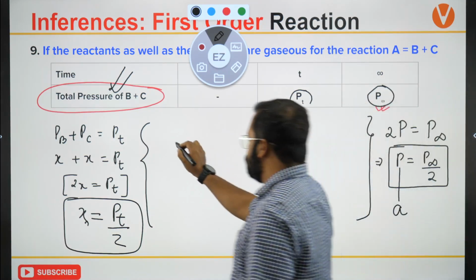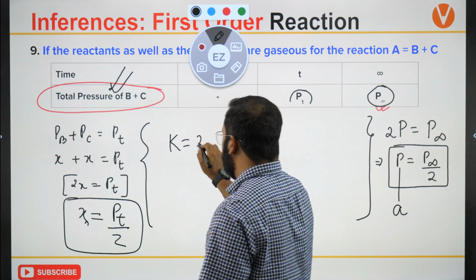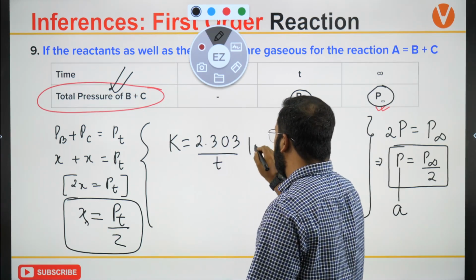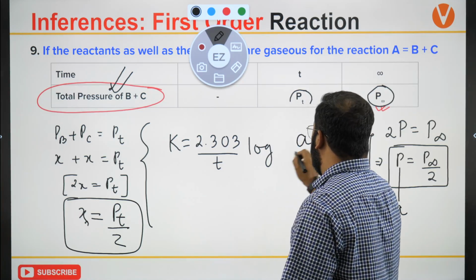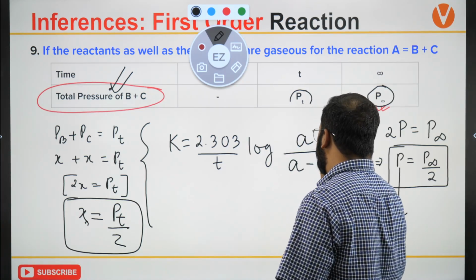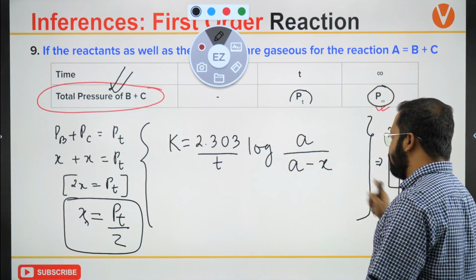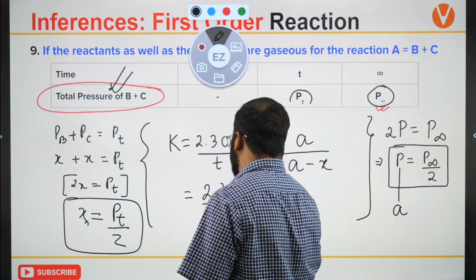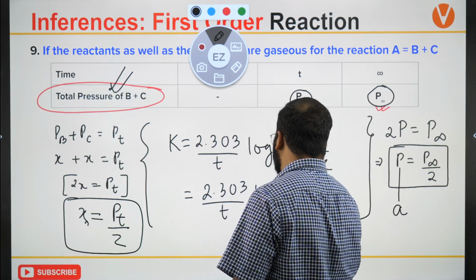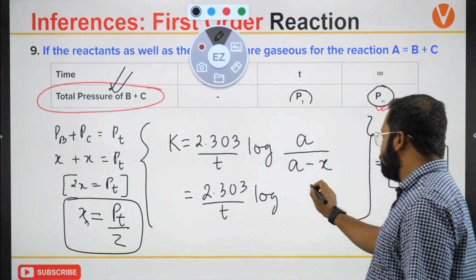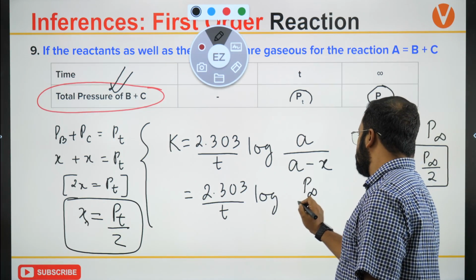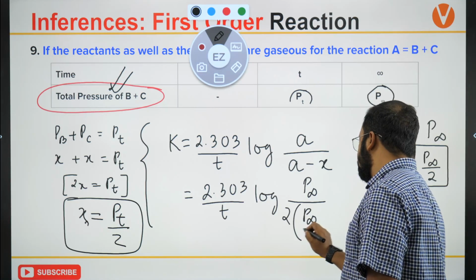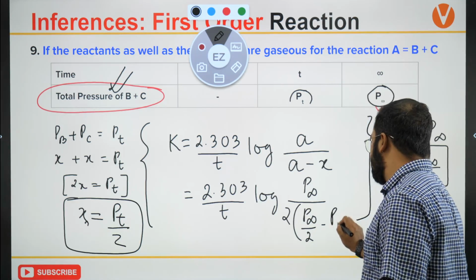ठीक है? So K will be equal to 2.303 upon T log of A by A minus X. What will I put the value of A as? What is A? P infinity by 2. And this will be P infinity by 2 minus PT by 2.